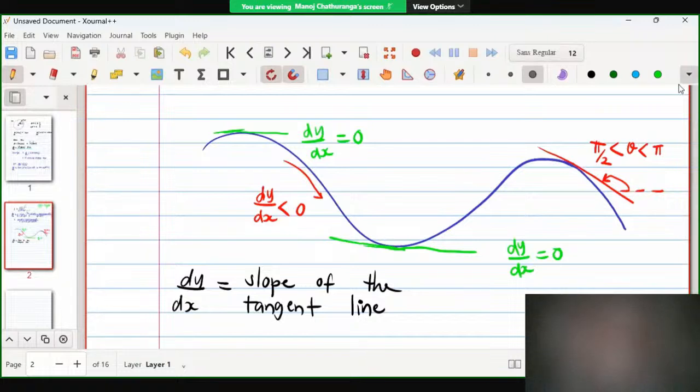When the function is increasing, the function is going up, and we have a positive derivative.